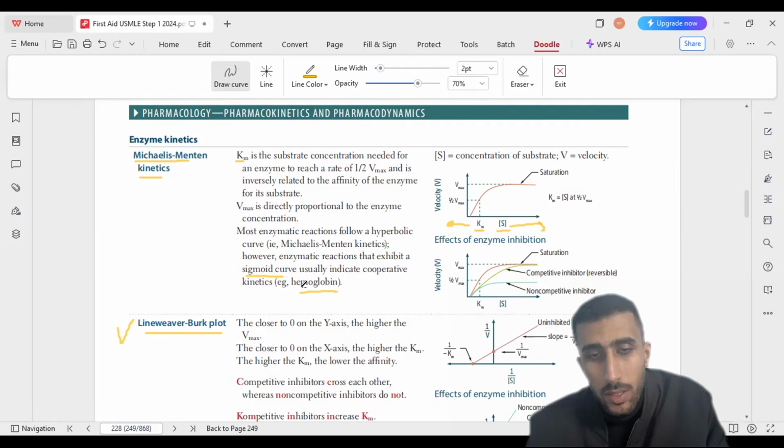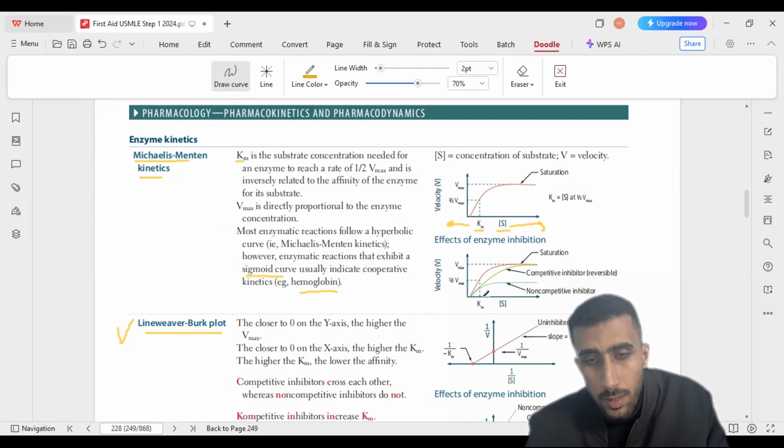What this means is that as hemoglobin binds more oxygen, the affinity for oxygen increases. So you get an S-shaped or sigmoid curve, in contrast with this curve, which is a hyperbolic curve.